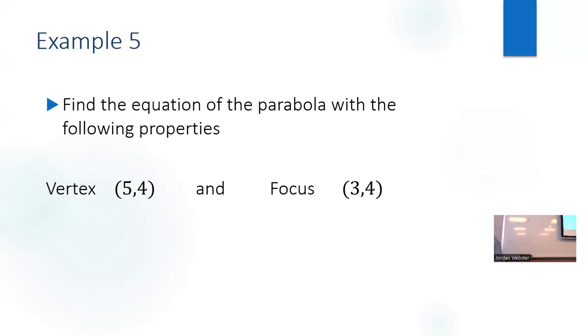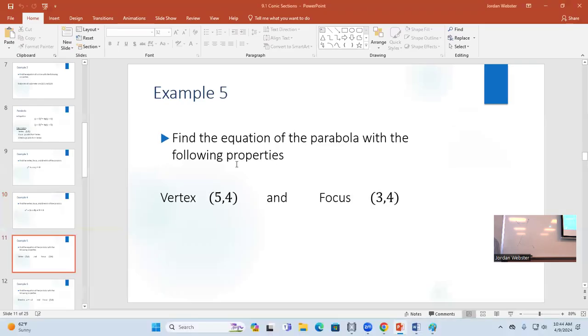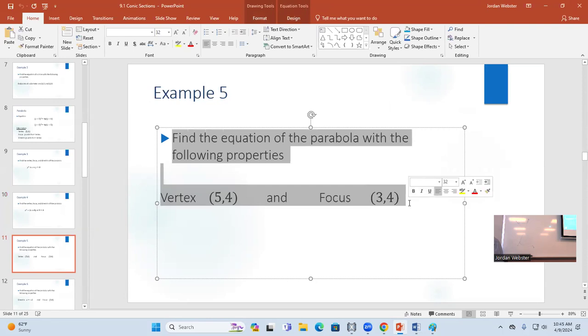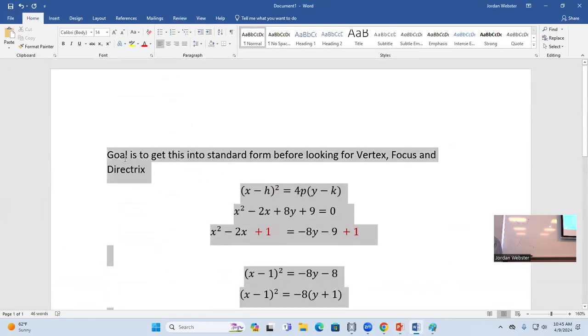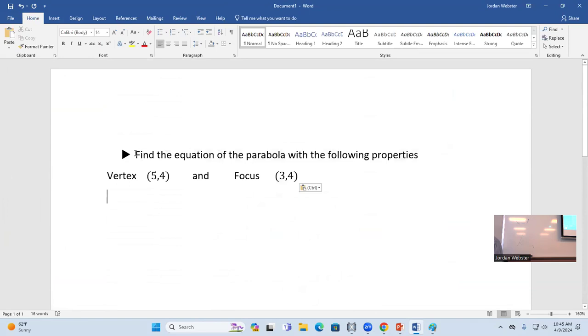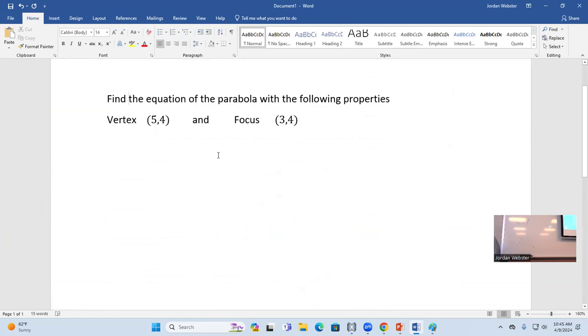The vertex of the parabola is the point (5, 4), and the focus of the parabola is the point (3, 4). Now, typically what I do is I draw the 2 points.